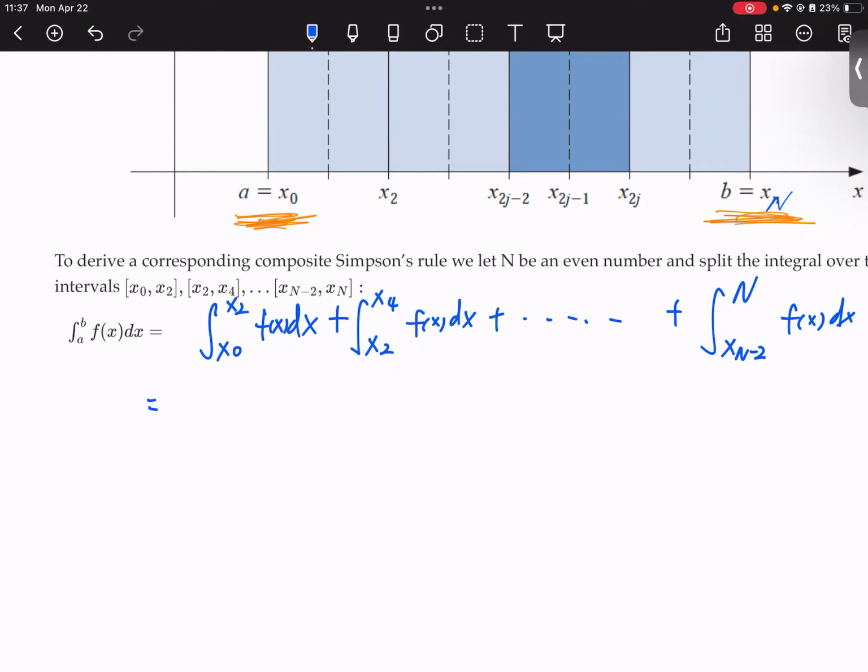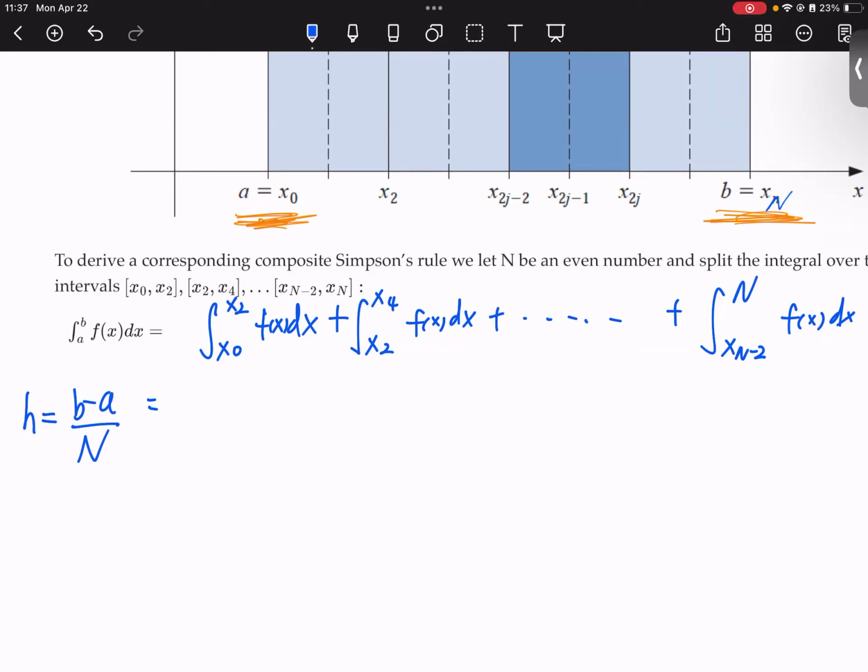For the first one, let's recall what we have in the Simpson's rule, and also the step size. The step size is h equals b minus a, divided by n.